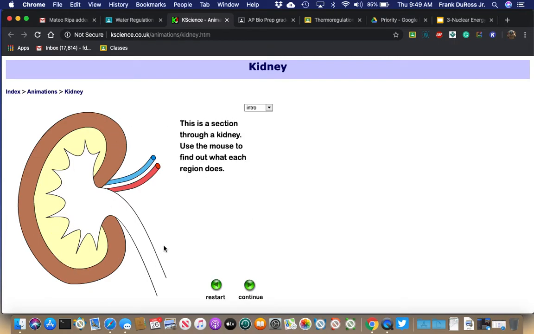Okay, so this represents a kidney, with arteries and veins bringing blood to the kidney, and then we'll continue here. This is the ureter that's taking the urine produced by the kidney down to the bladder.